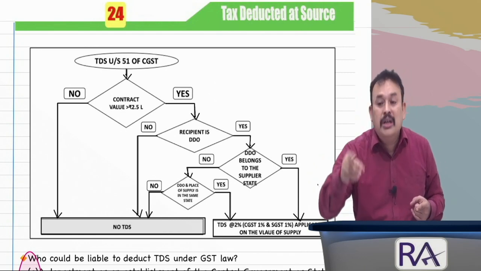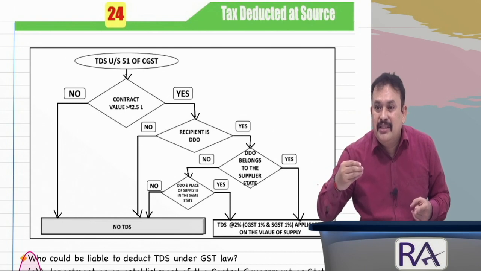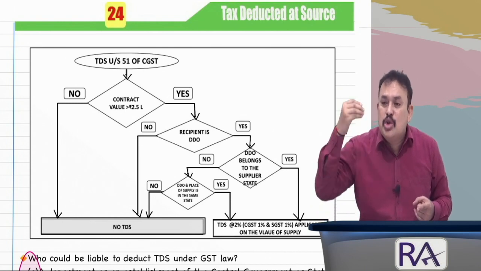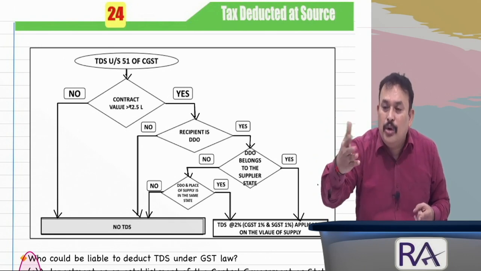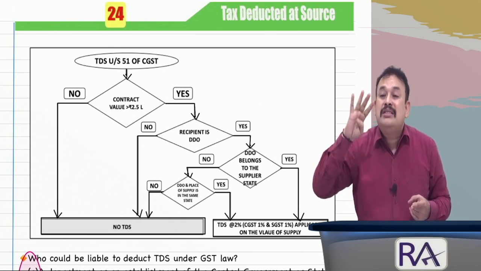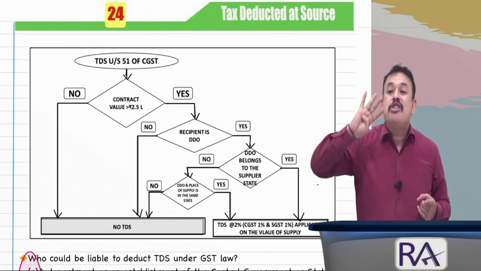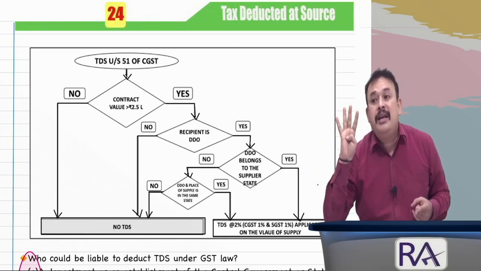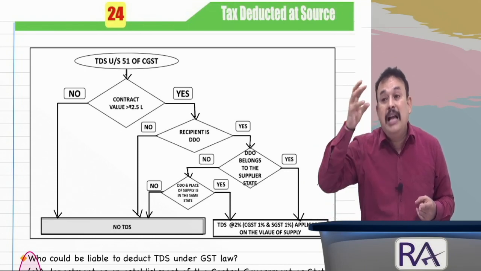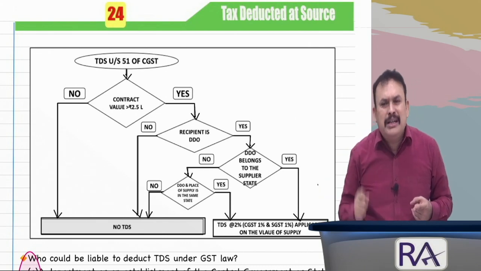For example, if a registered person supplied goods to the state government of Tamil Nadu, a DDO, and there are 4 separate assignments, 4 separate contracts, each of 2.5 lakhs, totally 10 lakhs value of goods supplied to the DDO. Is TDS required?